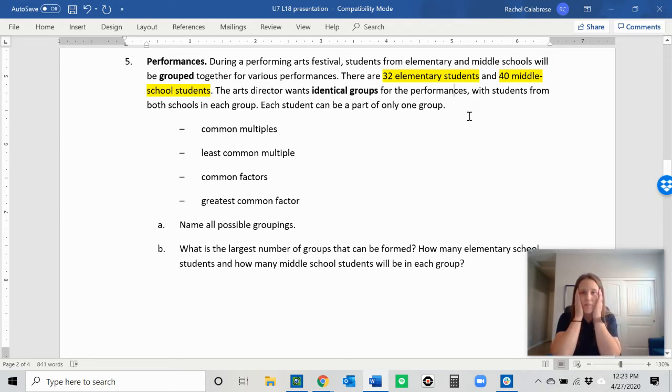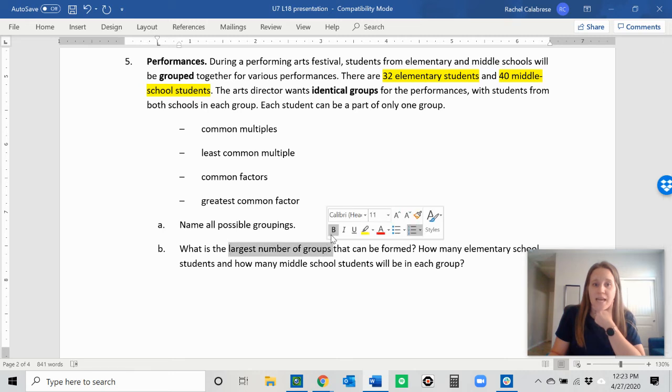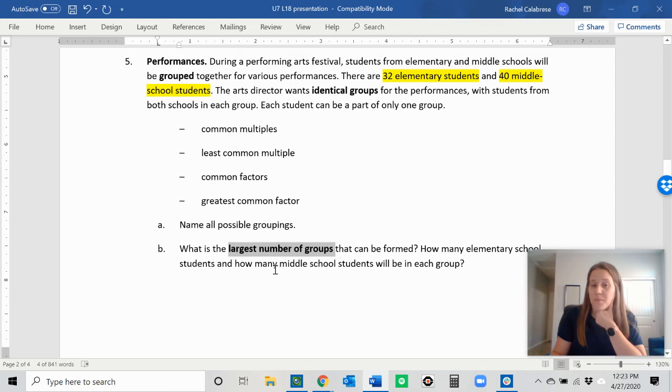So can you picture I'm putting my 32 elementary school students into an equal number of groups, and I'm putting my 40 middle school students also into those groups. And I want every group to have an identical number of elementary and middle schoolers, okay? So maybe you already have an idea of what kind of mathematical work we're going to have to do. It's asking us to name all possible groupings, and it's asking us what is the largest number of groups that can be formed? How many elementary students and how many middle school students will be in each group?